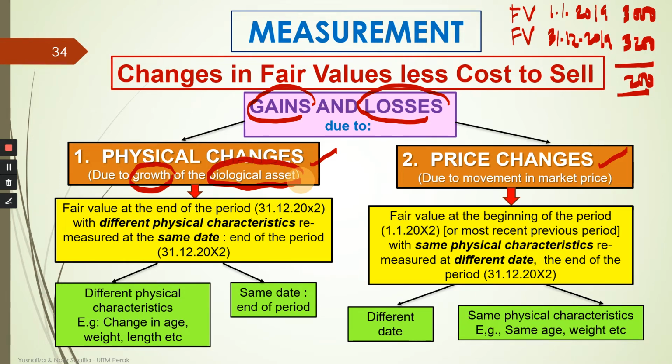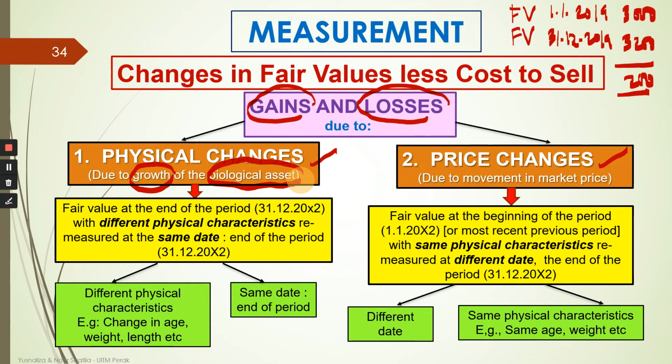Physical changes can also be measured by way of weight, by way of size, not just age. But age is also one indicator that there is a physical change. The younger, maybe sometimes the more expensive for certain animals, but for certain animals, the older they get, the more expensive.